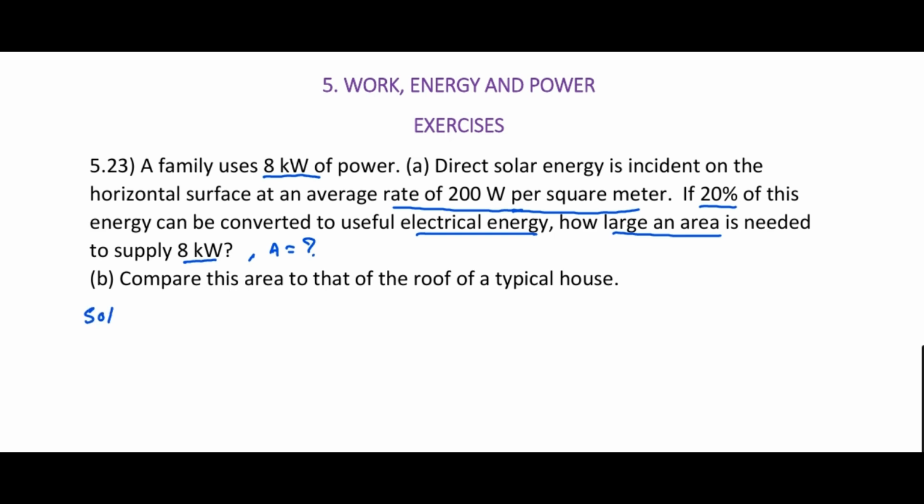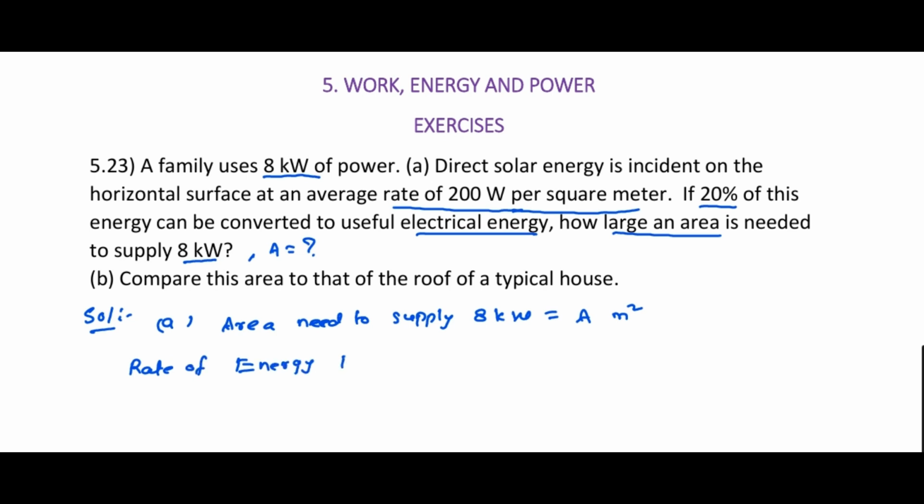First of all, coming to part A. Here the area needed to supply 8 kilowatt is equal to, assume A meter square in terms of SI system. Here we can write the rate of energy incident per unit area is equal to 200 watt.